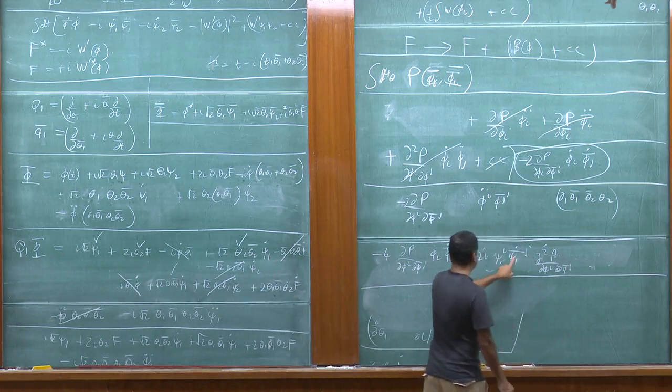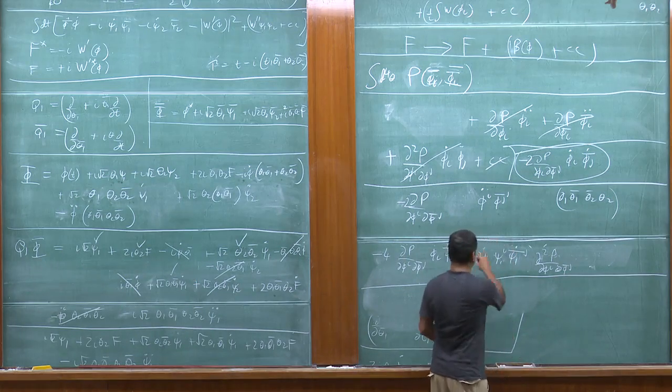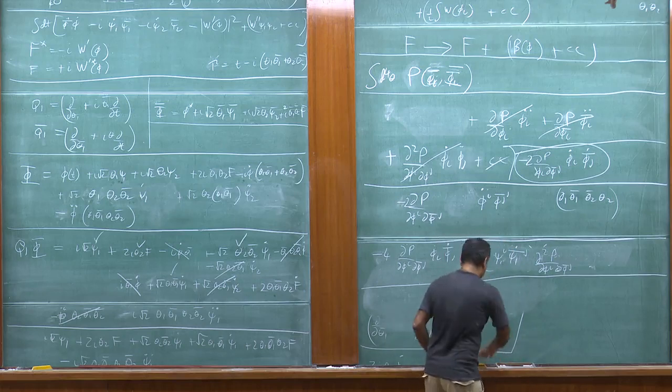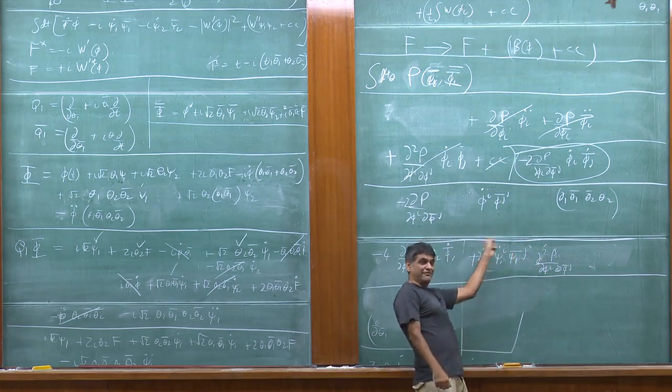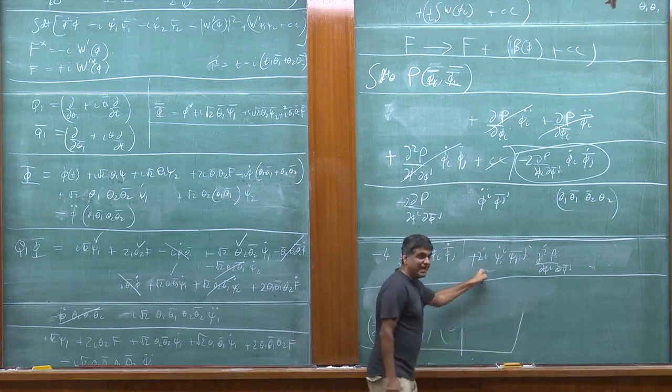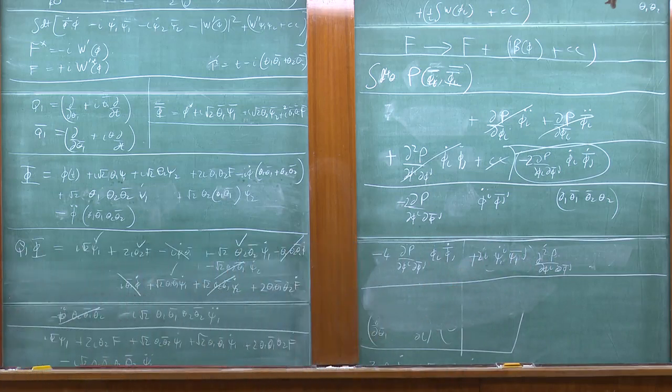Now first, let's take this term and integrate by parts, because we like to write our terms with the time derivative not on the bar, but on the guy in front. That's good because we know that the correct kinetic term has a minus sign.